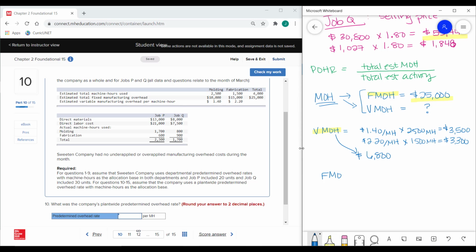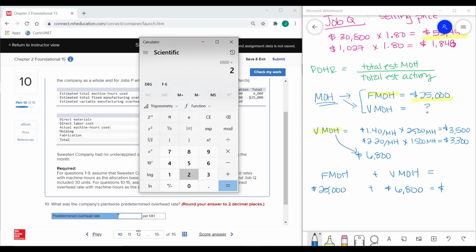The estimated fixed manufacturing overhead for the company, that's $25,000, plus the variable manufacturing overhead for the company, that is $6,800. So when we add them together, what do we get? That comes out to $31,800 of manufacturing overhead we estimate to incur for the company as a whole amongst all departments.